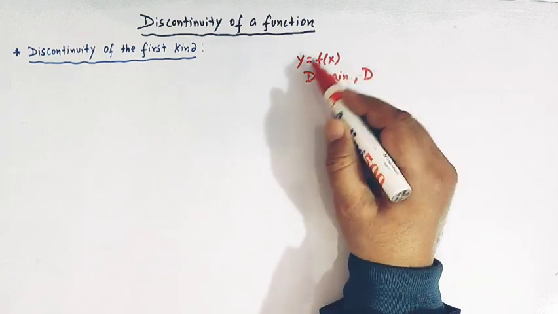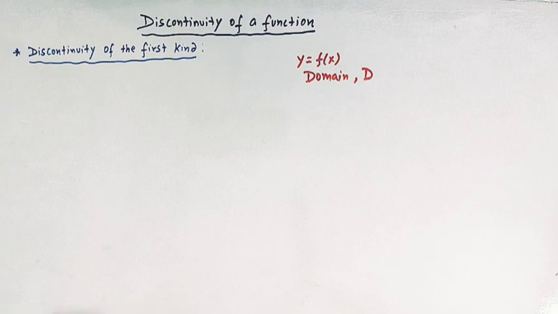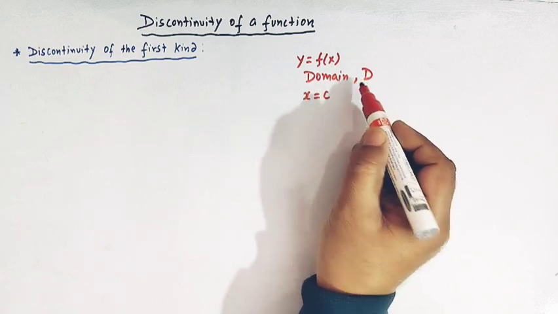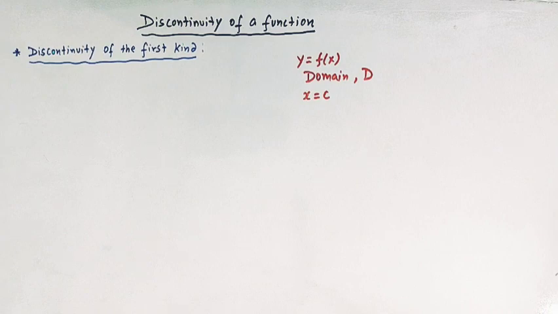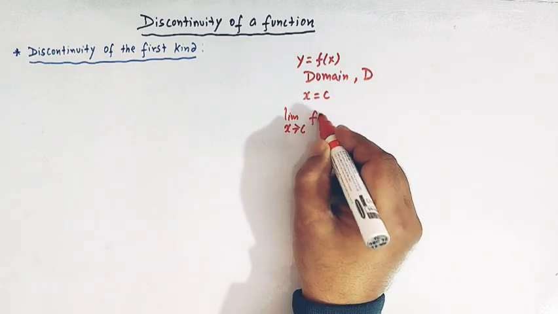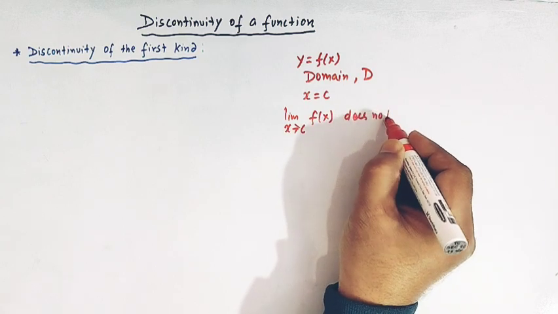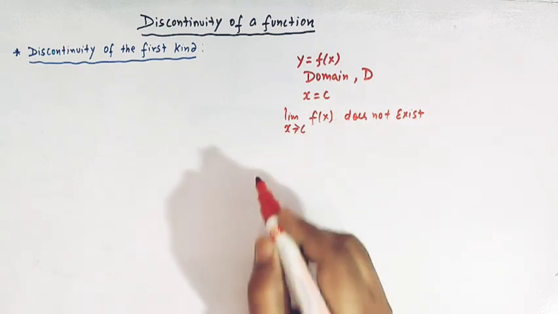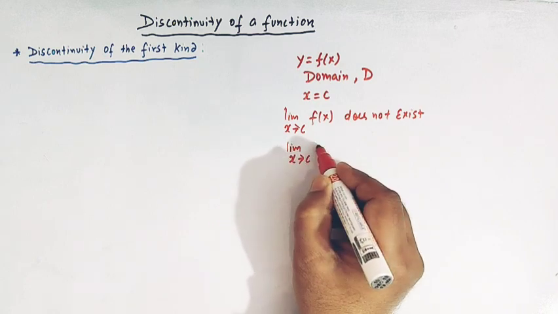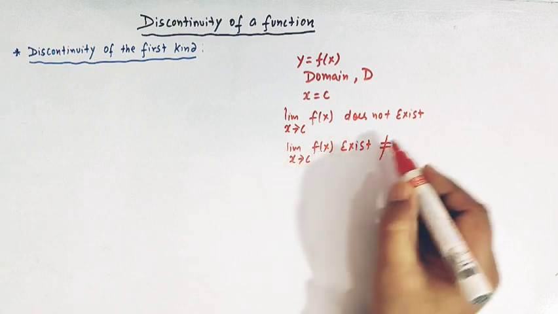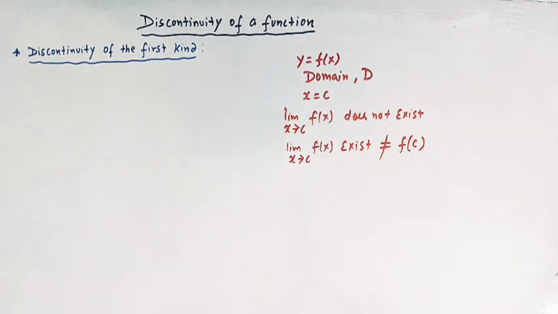Suppose this function is not continuous at some point, say x is equal to c, belonging to the domain D. We know that the discontinuity of a function implies that either the limit, that is x tends to c, f of x, does not exist, or this limit exists, but it is not equal to the value of the function at the point x is equal to c, right?